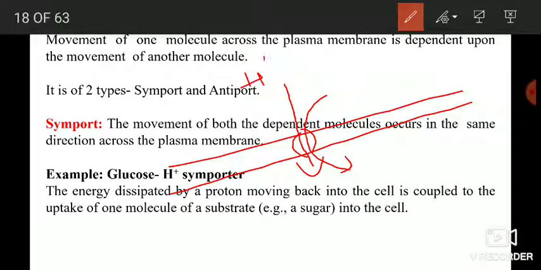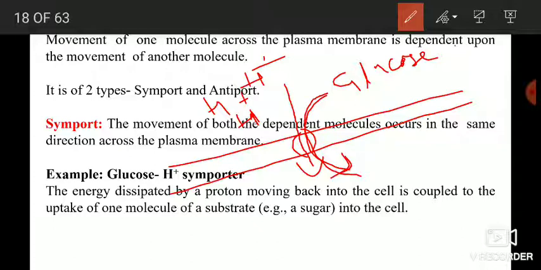For example, H positive ion, and this is glucose. In this transport process you can see both the H positive ion and the glucose molecules are moving in the same direction.